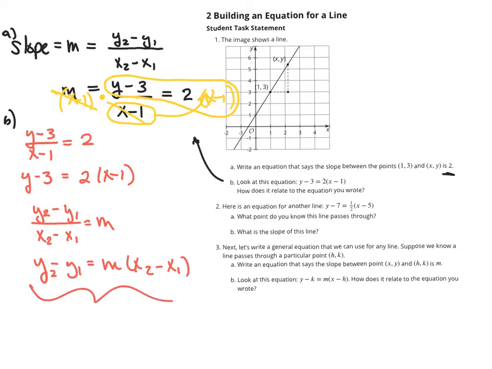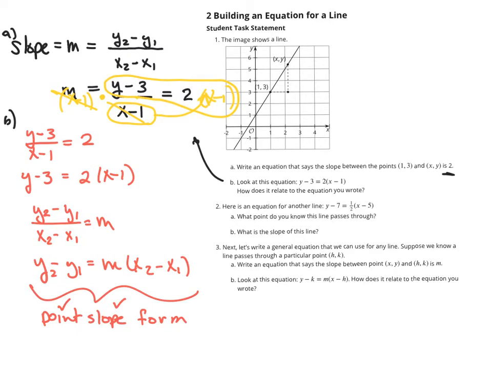And this actually has a form name called point slope form. So if you ever hear that, you've learned it. Because I'm using a point, just one point, and a slope, and I'm coming up with an equation, right?